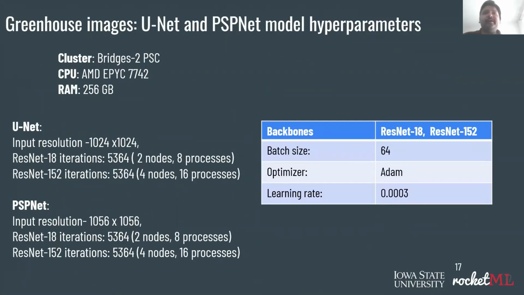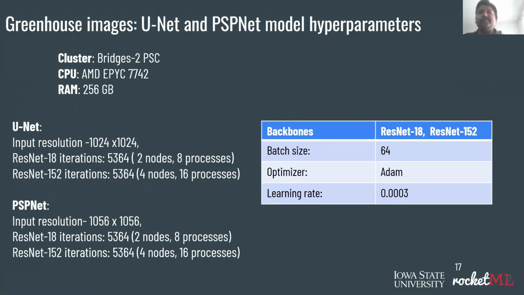For the training data created using greenhouse images, we used UNet and PSPNet models for semantic segmentation. Here we show the UNet and PSPNet model hyperparameters that were used. We used the RocketML distributed deep learning framework for our model implementation on the Bridges-2 PSC cluster. The input resolution for UNet was 1024 by 1024, and the resolution was 1056 by 1056 for the PSPNet.